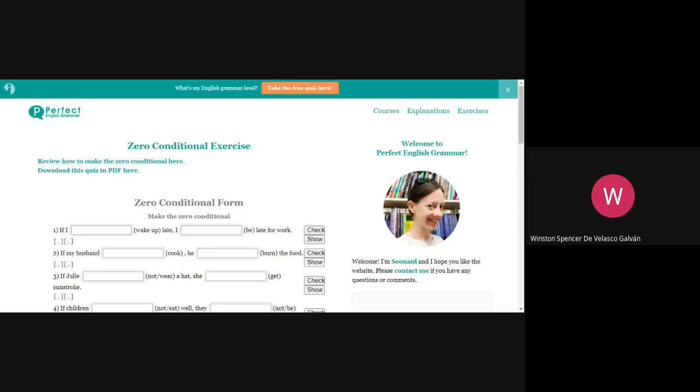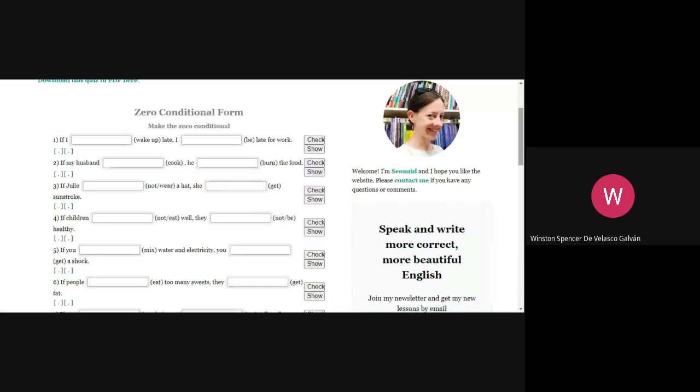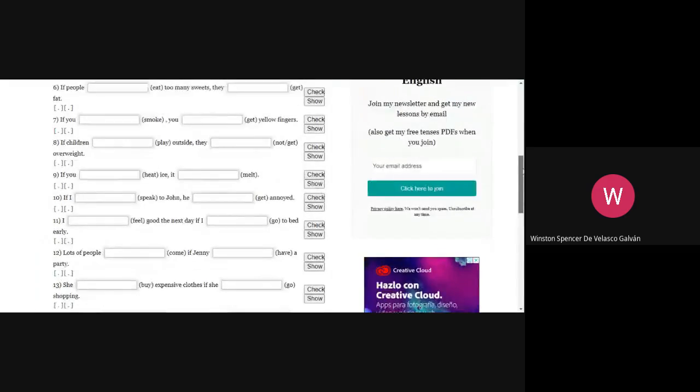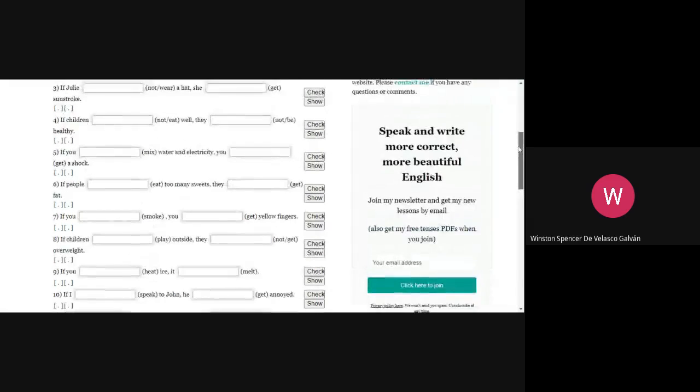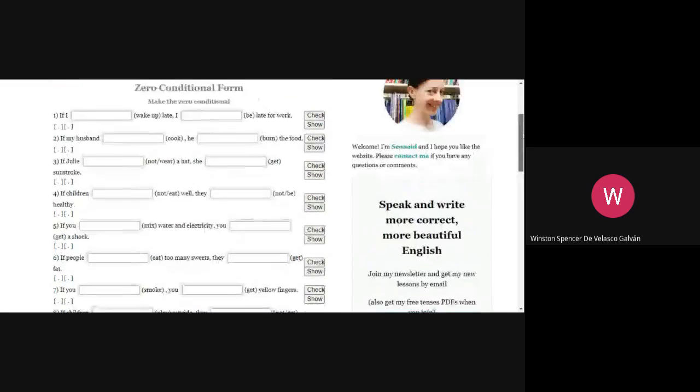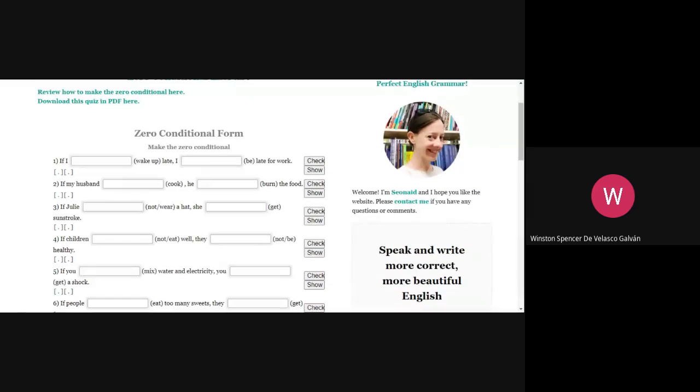So, look at this, zero conditional exercise. Review how to make the zero conditional here. We have 20 sentences, but we are only going to do half, until number 10, because I also want you to study the conditional type 1. So, Daphne, please open your microphone and help me out with the first one.